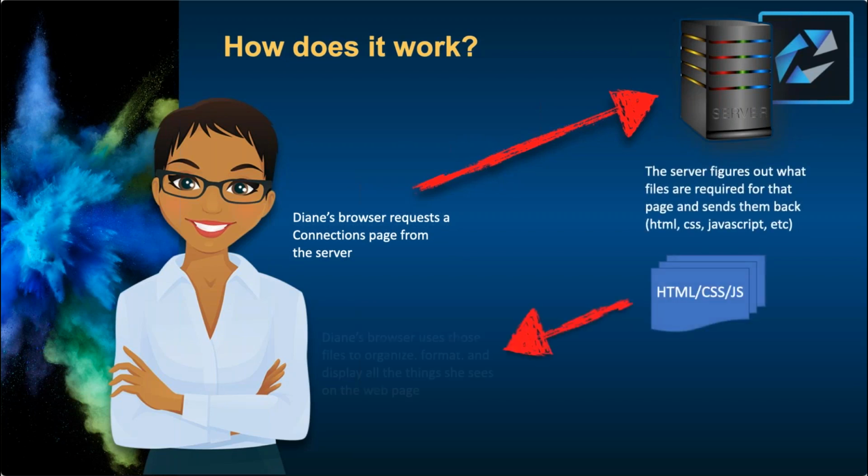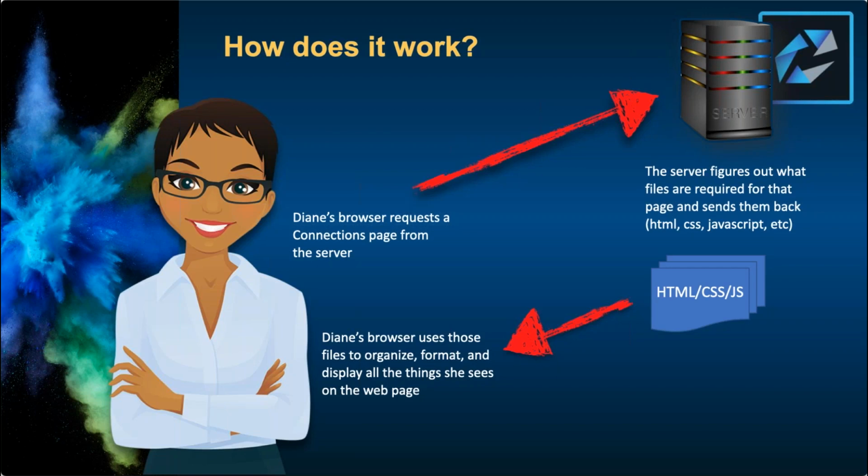The server knows what page to send back. It assembles the HTML with the style sheet with the JavaScript that's in there and sends it back to Diane's browser, and she can then view it. That's your typical standard behavior, and that's how the end user experience is presented to users.